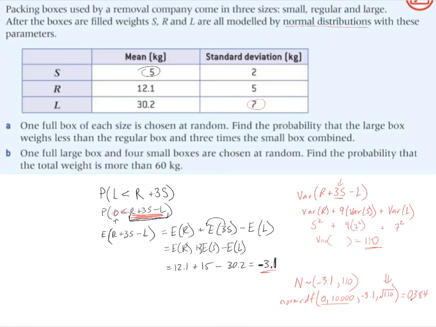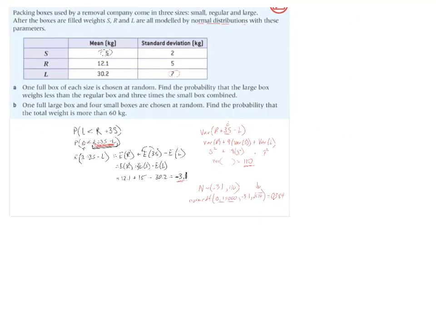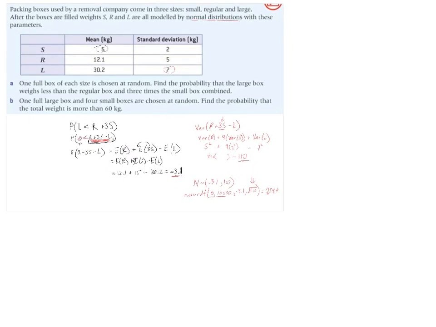All right, so this is a very similar situation here, right? I'm going to go ahead and make this a little bit smaller so I've got a little bit more space to work. I wish you could do that in your notebook, just kind of scrunch things up, and there it is. All right, so what we're doing now is we're finding the probability that 1 large box and 1, 2, 3, 4 small boxes, sorry, not quite done.